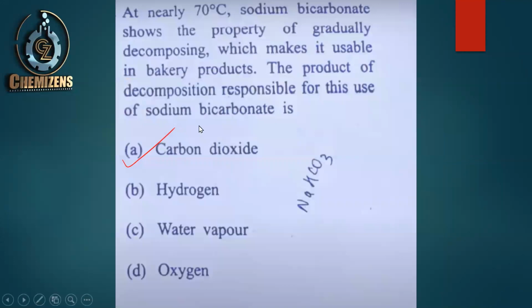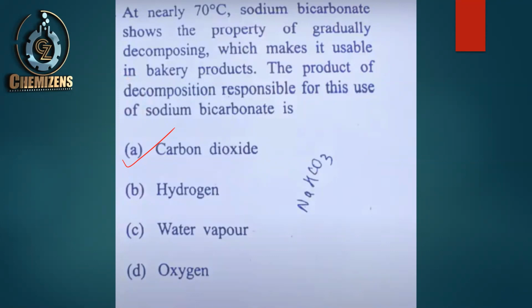Next question is, when sodium carbonate is heated, it releases one product which makes the bakery product fluffy. What is that? This question has been taken from the acid base salt chapter of class 10th. There we convert sodium bicarbonate, that is the baking soda, into baking powder. For that, we add a weak acid, tartaric acid, to the sodium bicarbonate.